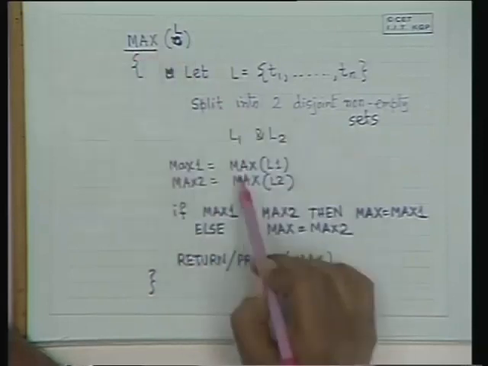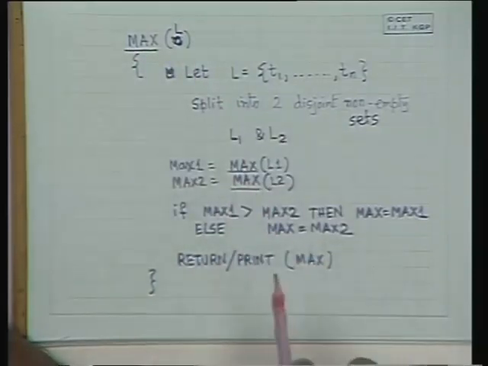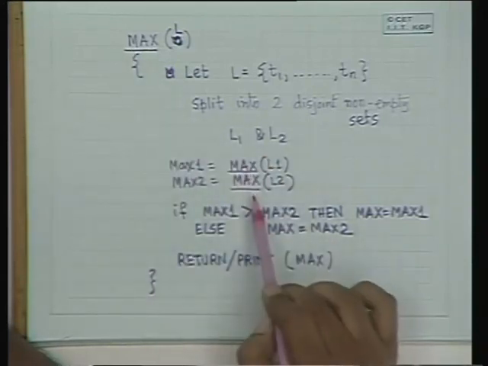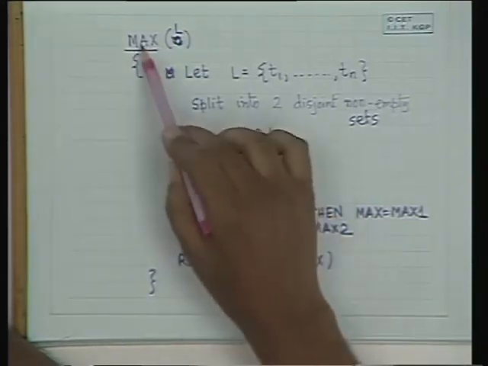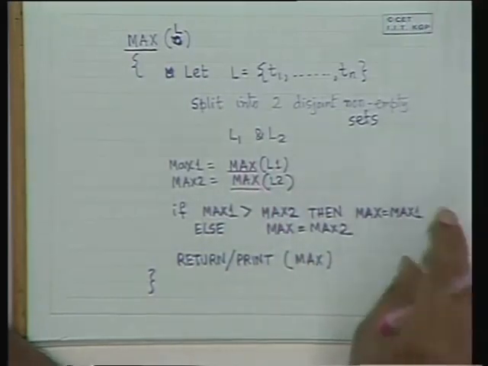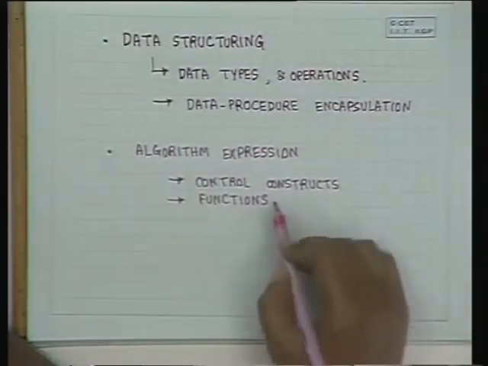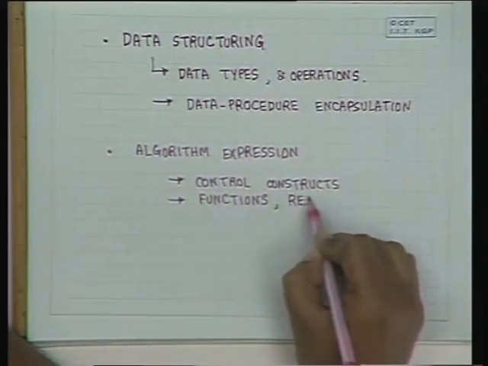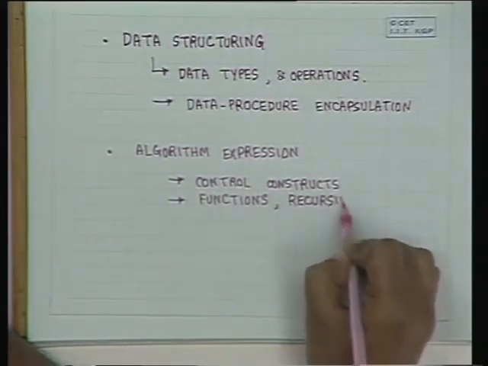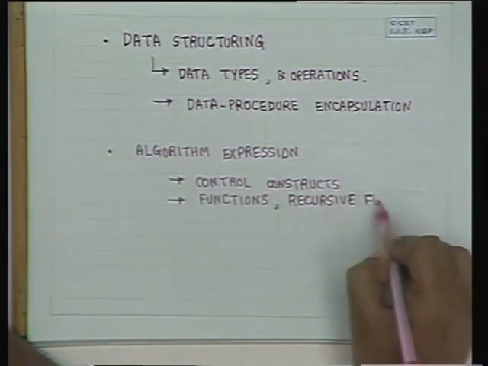Look at this. This function calls itself. When a function calls itself, we call such functions recursive functions.